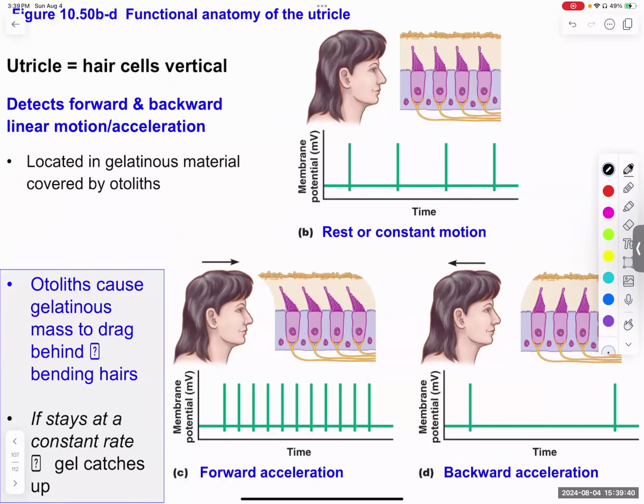And as you move, say you start to move forward, the gel is dragging the hair receptors back with those crystals. And so you can feel that your body's moving forward and the gel is lagging and dragging those hair receptors back. So that would be an example of forward acceleration. Backwards acceleration, you stop really abruptly, but that gel and otolith crystals are still moving forward. And so you can feel like, whoa.